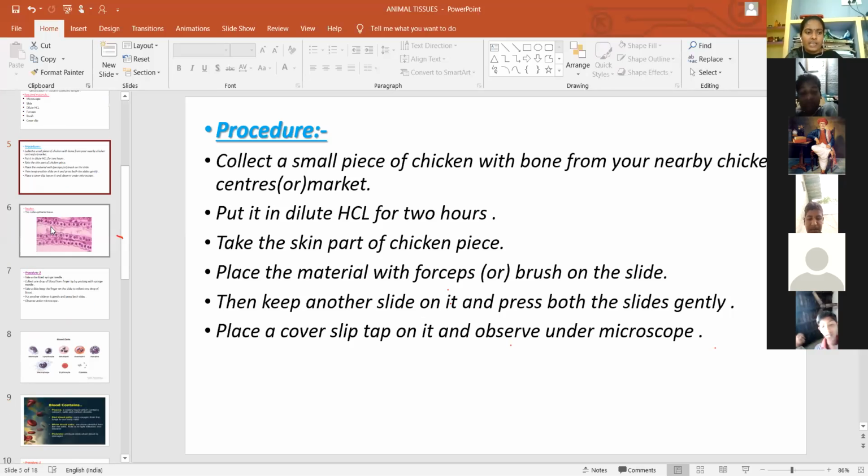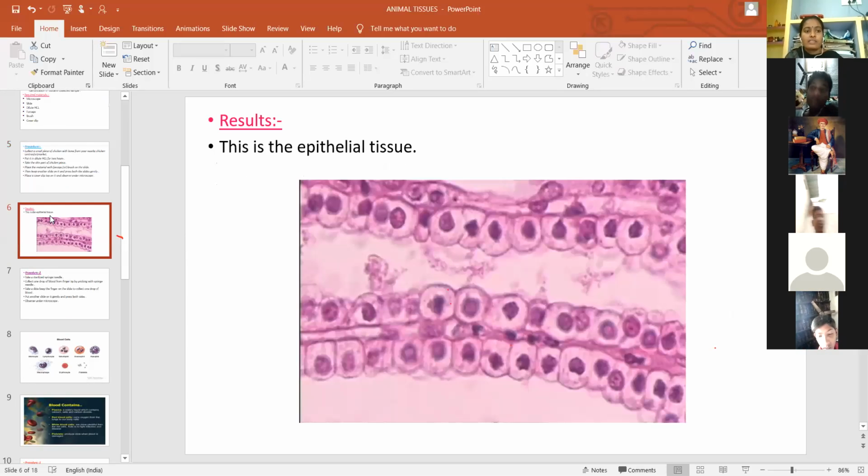What we observe in the microscope is epithelial tissue. That is the procedure for observing epithelial tissue.